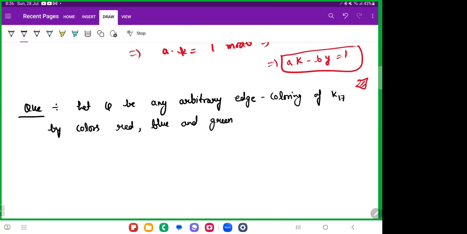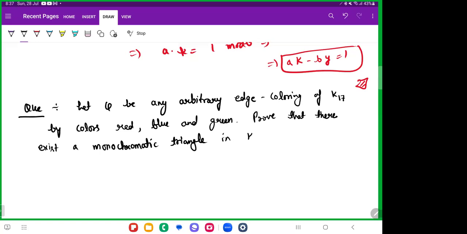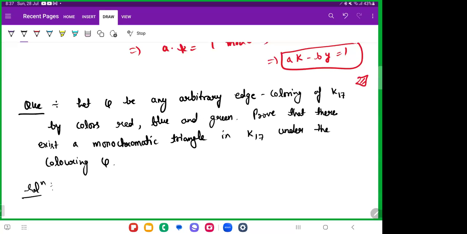Prove that there exists a monochromatic triangle in K17 under the coloring phi. Anyone any idea? First understand the question.